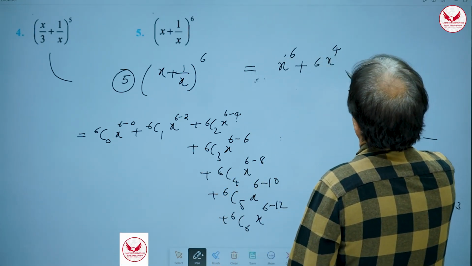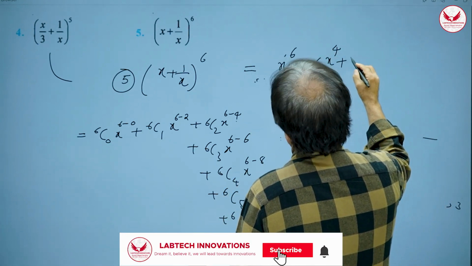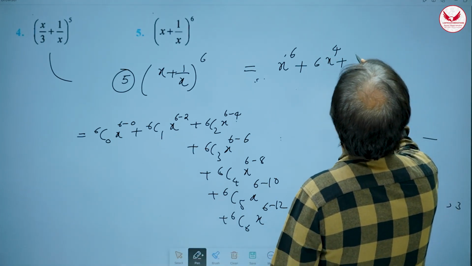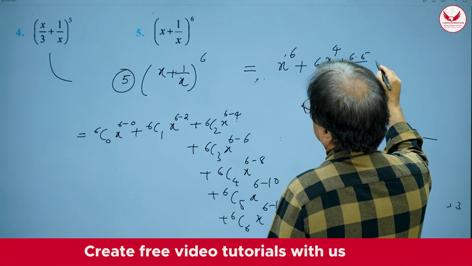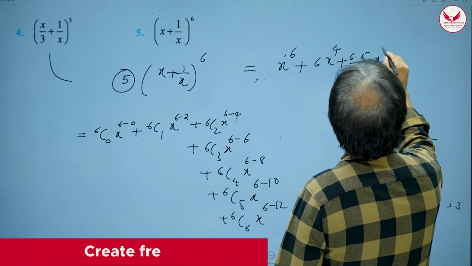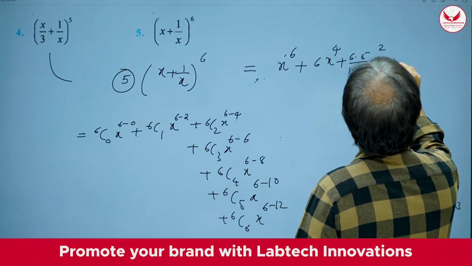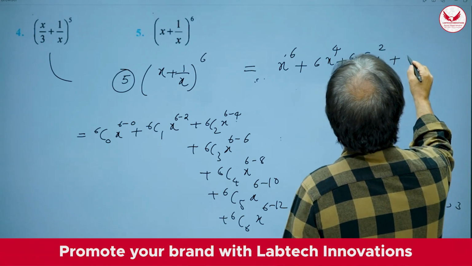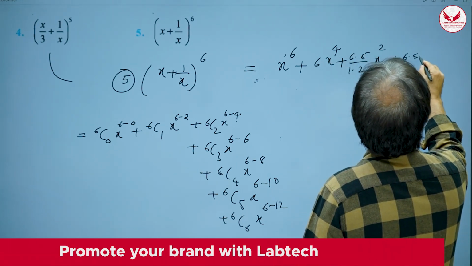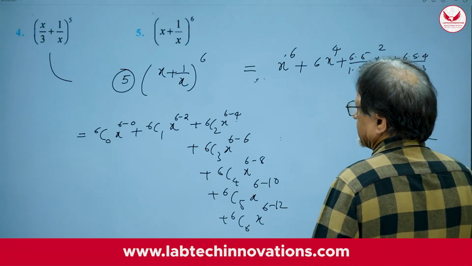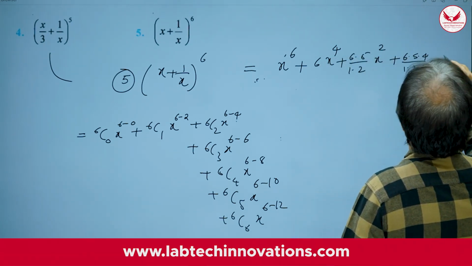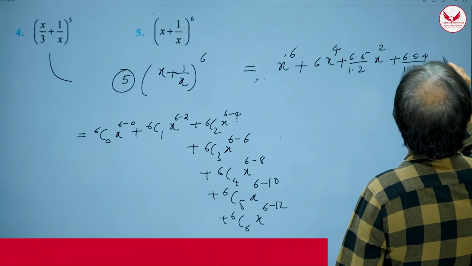Okay. 6C2 will be what? 6 into 5 divided by 1, 2, right? Multiplied by x raised to 2. And 6C3 will be what? 6, 5, 4 upon 1, 2, 3. Correct? So that is x raised to 0. So there is nothing. x raised to 0 is 1.